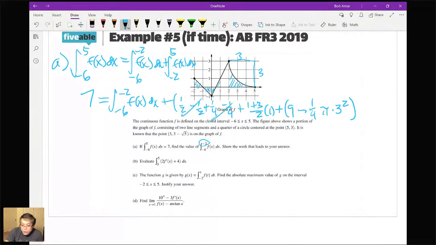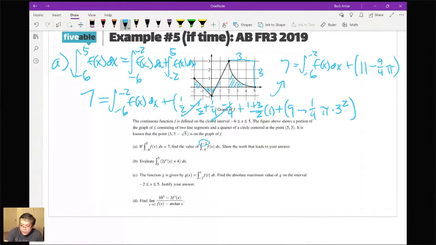This is 2. And so basically I get, the work's all over the place, sorry. So I get 7 equals the integral from -6 to -2 of f of x dx plus, so these cancel, I got 2 plus 9, which is 11, plus 11 minus 9/4 pi.